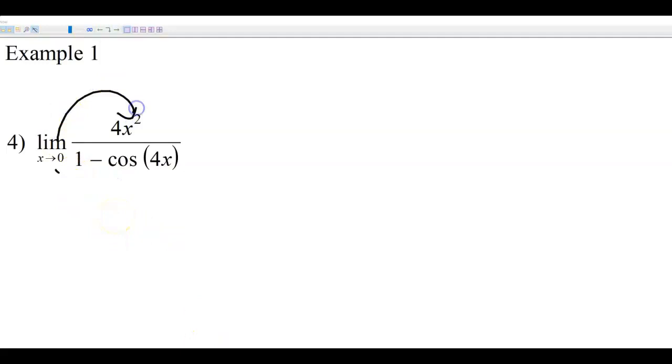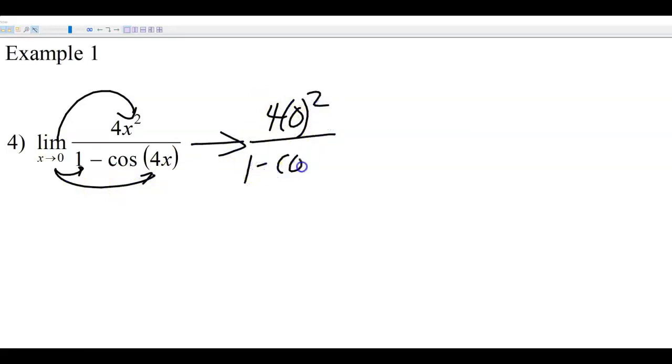So direct sub here, here, and here is going to give me that. And that's just going to be 0 on the top. Cosine of 0 is 1, so we end up with 1 minus 1 on the bottom, which is 0 again. No surprises there.